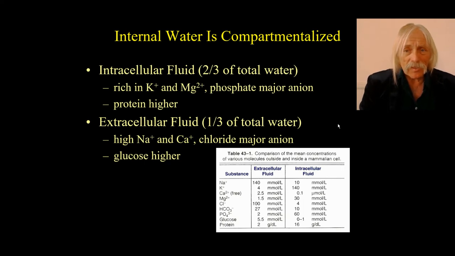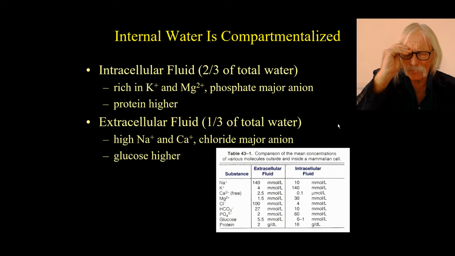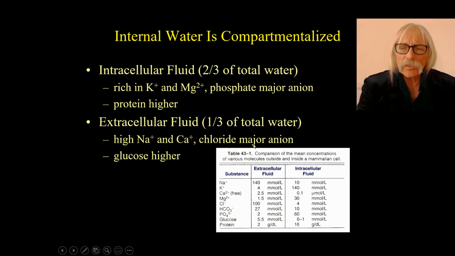Okay. So you can see here from this little chart I put on this slide various concentrations of the extracellular fluid versus the intracellular fluid. For sodium, extracellular is much higher, 140 millimole per liter versus only 10 intracellular. Move on down here to bicarbonate. You've got 27 millimolar extracellular, only about 10 millimolar intracellular. Phosphate, 2 outside the cell, a full 60 millimole per liter internal.